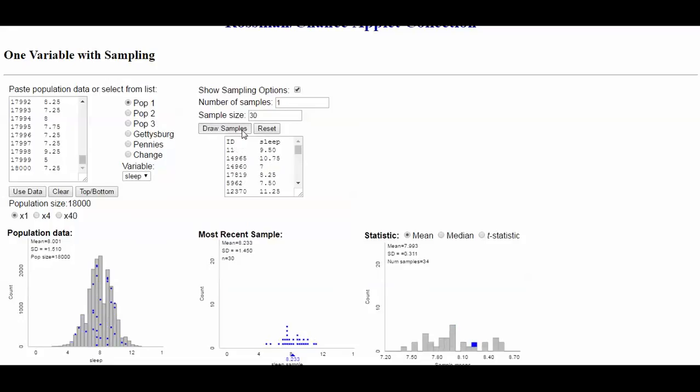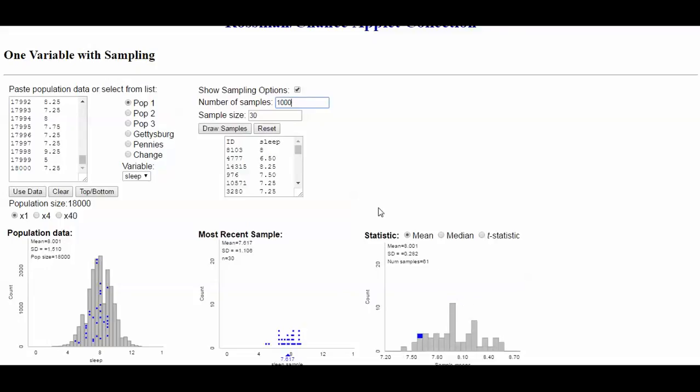And I probably can't do that because there's too many possible samples, but just like last time, I'll take 10,000 samples, and I think that'll give us a shape that's pretty close to the sampling distribution.